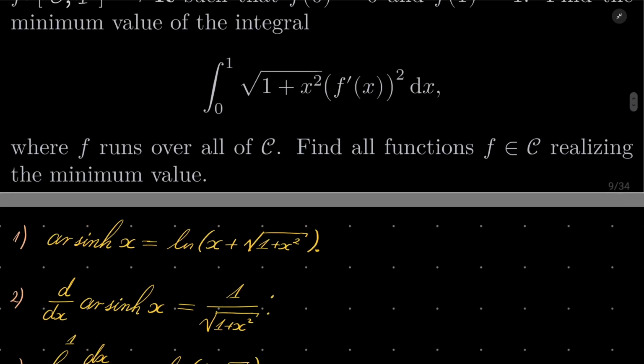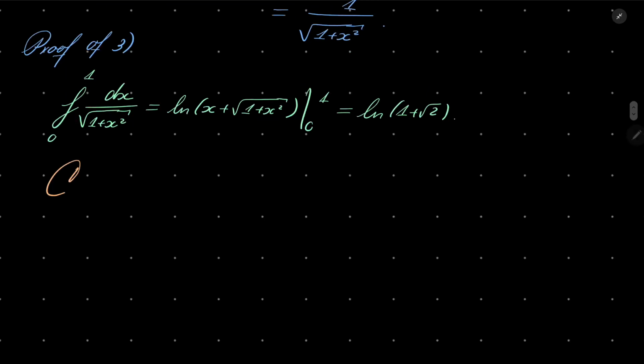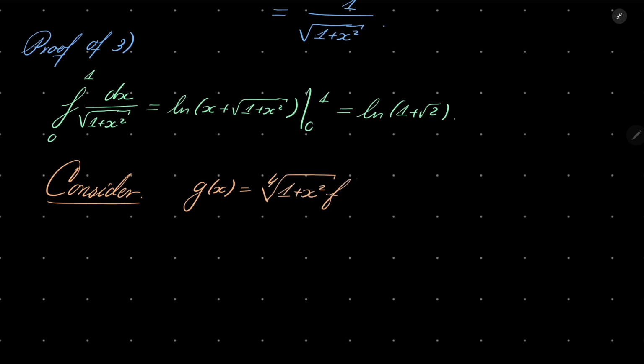Very well. Now, our main result. We will consider two functions. g(x) will be the fourth root of 1 plus x squared times f'(x), and consider h(x), which is 1 over the fourth root of 1 plus x squared.